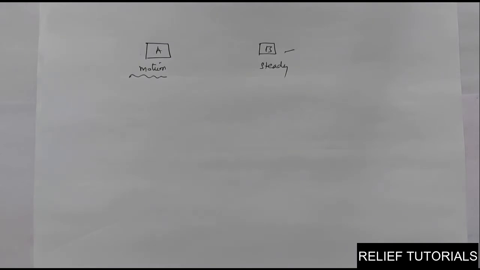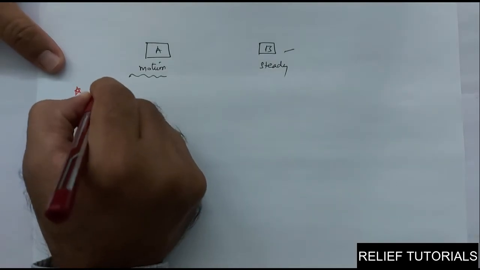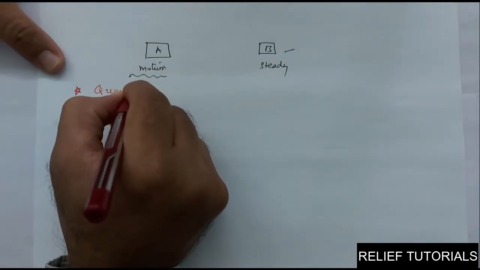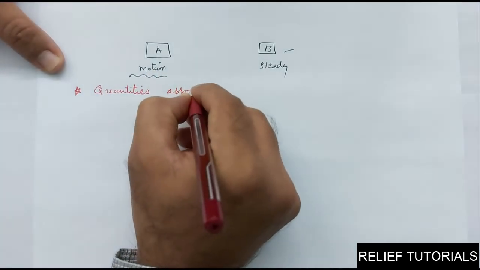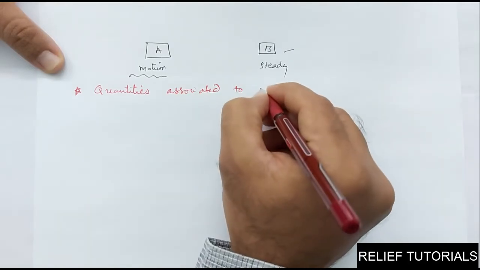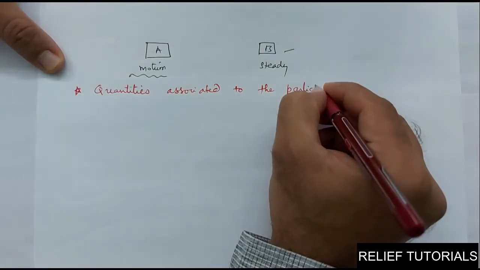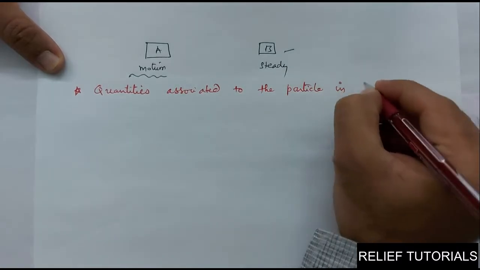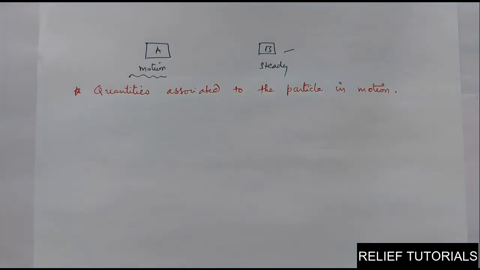So when the particle is in motion, many quantities can be associated. So now the topic, the core part of the chapter, quantities associated to the particle in motion.